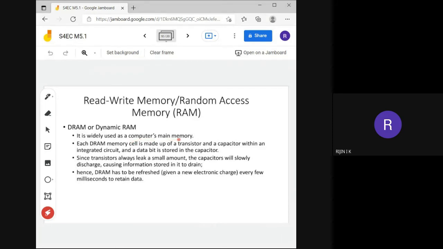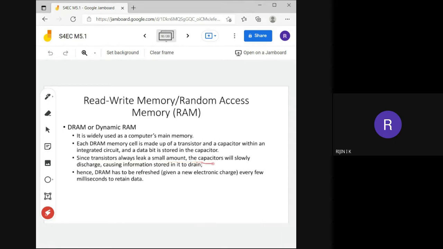DRAM is the most widely used computer's main memory, and each DRAM cell is made up of a transistor and a capacitor within an integrated circuit, and data bits are stored in the capacitor. Okay, and we know that the transistor always leaks a small amount of charge.